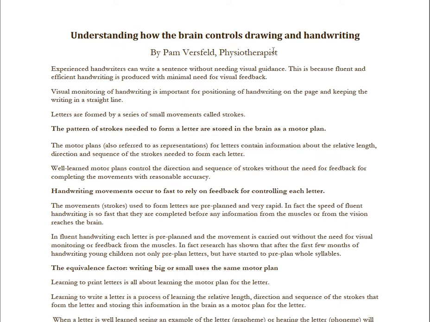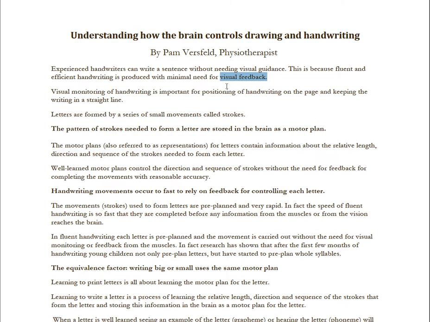Understanding how the brain controls drawing and handwriting. Read this page. I'm telling you, this is profound. This is up-to-date, cutting-edge information. And this is why we don't use trace and copy. Experienced handwriters can write a sentence without needing visual guidance. That is because fluent, efficient handwriting is produced with minimal need for visual feedback.